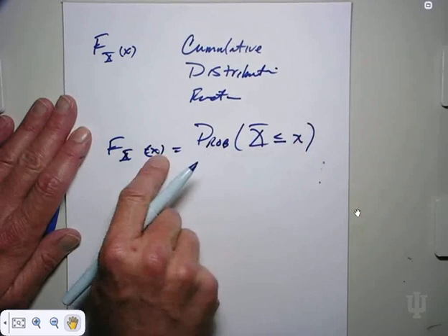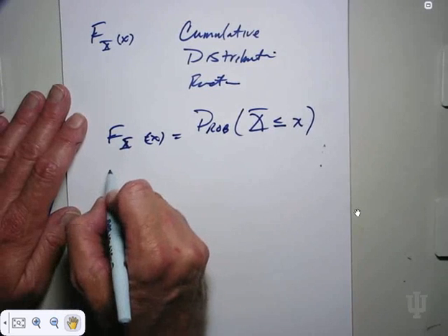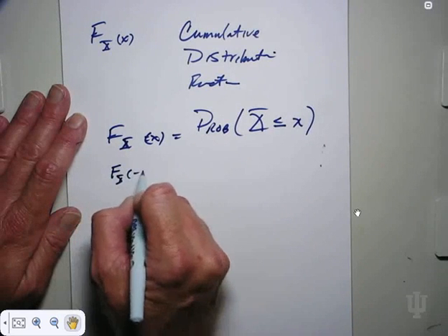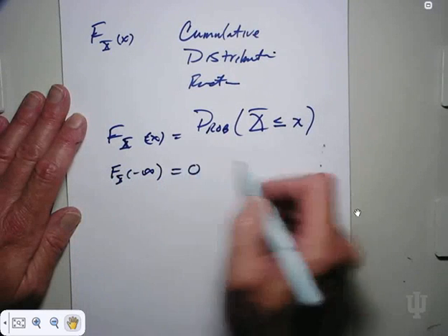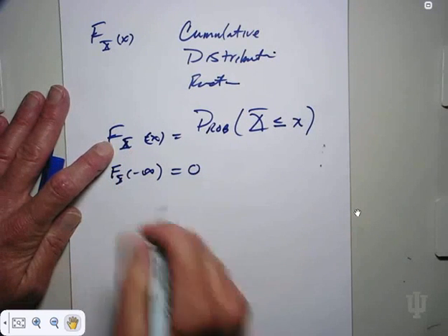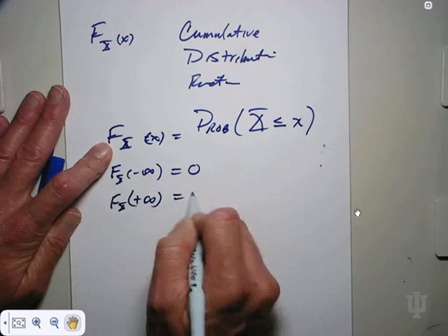That's what you're evaluating at. Okay. And what we find is the following properties. We found one that Fx of minus infinity should be 0, and that means you're taking the limit of this as x goes to minus infinity. Fx of plus infinity should be 1.